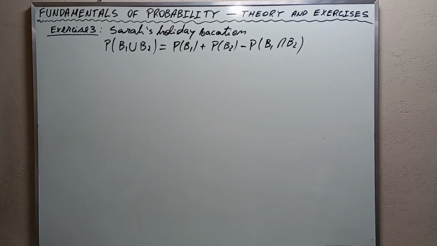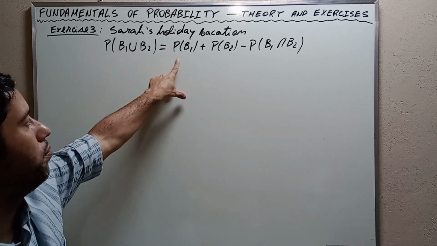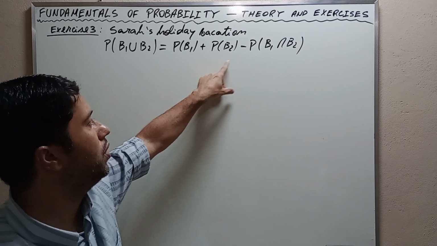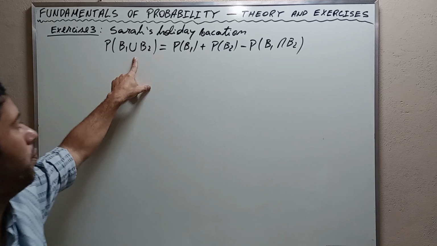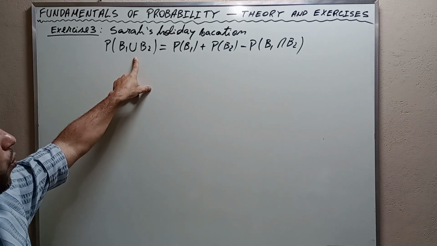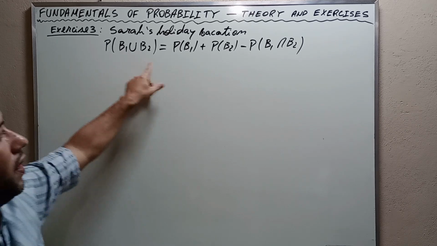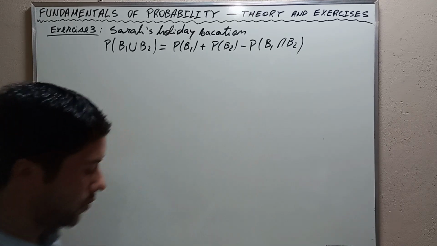Saying again, the probability of her liking at least one book, which is the union of her liking book 1 and book 2, is numerically equal to the probability of her liking book 1 plus the probability of her liking book 2 minus the probability of her liking both books, okay? The union represents at least one book, okay? Either one of them. And the intersection means that she likes both at the same time, okay?